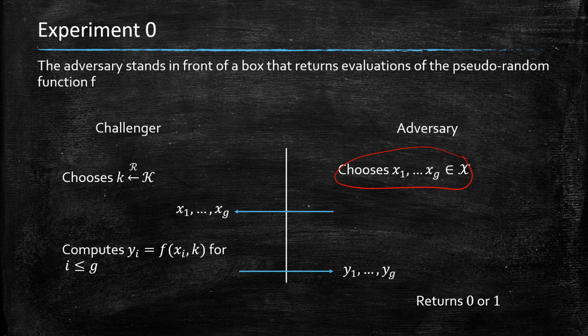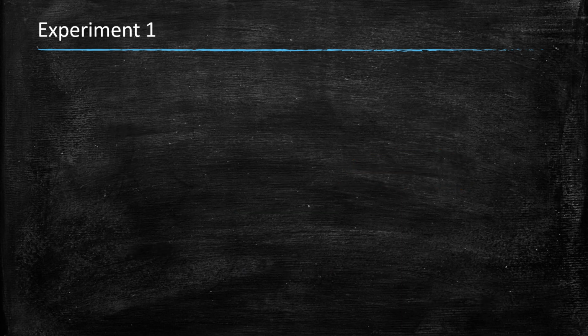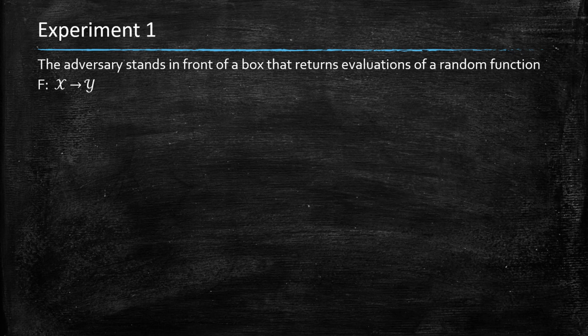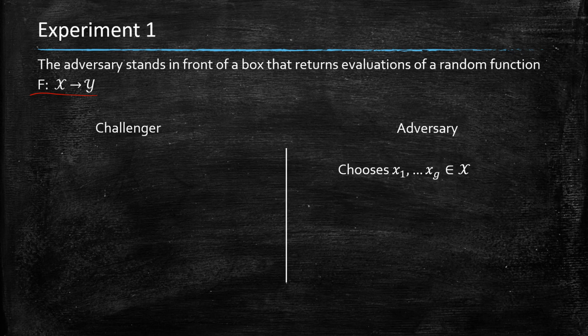It's just a binary behavior. And of course, the binary behavior needs to be compared with the binary behavior in experiment 1, where everything remains the same except that the challenger chooses a random function in the space of functions from X to Y and returns evaluations of that function. So the game is between the adversary and challenger. The adversary chooses elements in the domain.